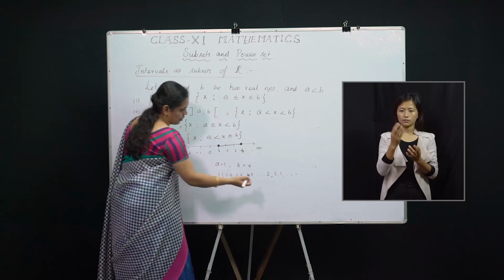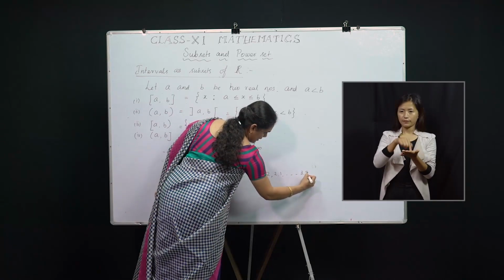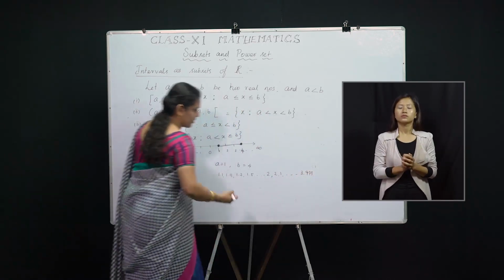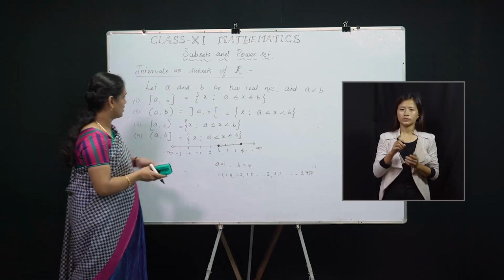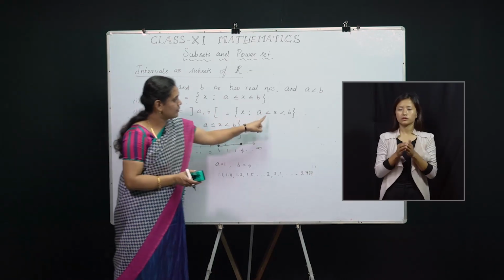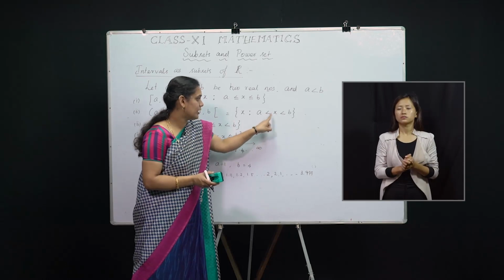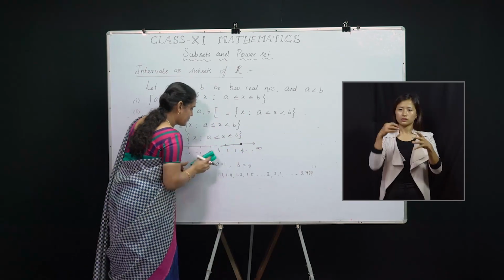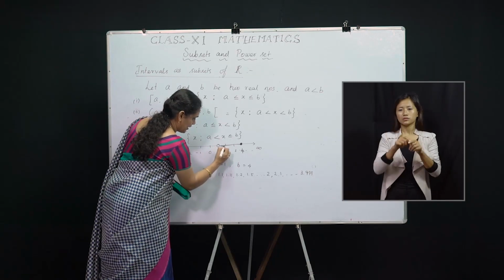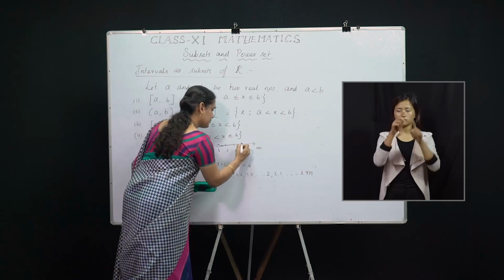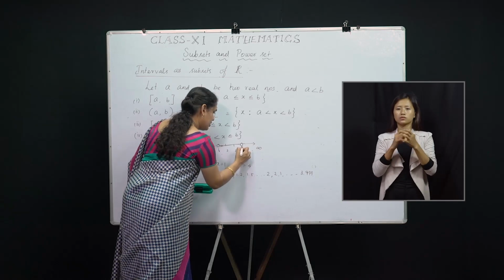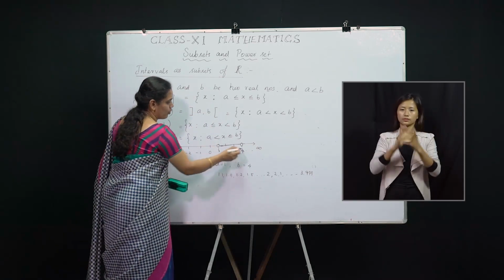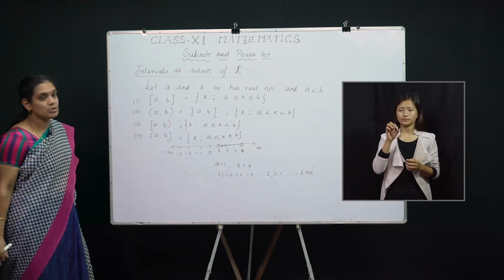For example, from 1.1 to 3.99999 like that. So we will not take the extreme points for the open bracket. That's why we are not putting that equal sign. If you put the equal sign, that means the extreme points also included. In that case, we draw the line like this, hollow circle. It means we will not take this 1 and 4, but in between all the real numbers we take.